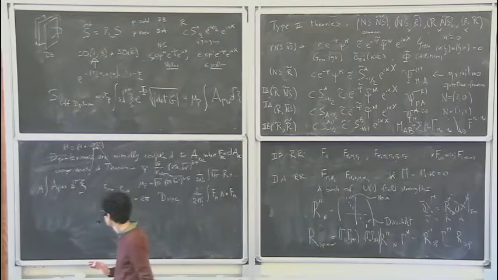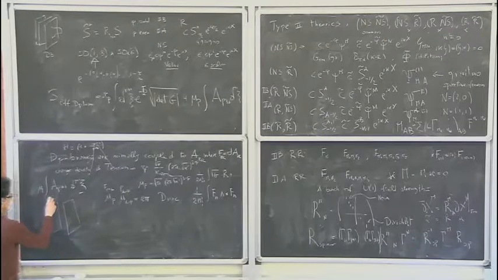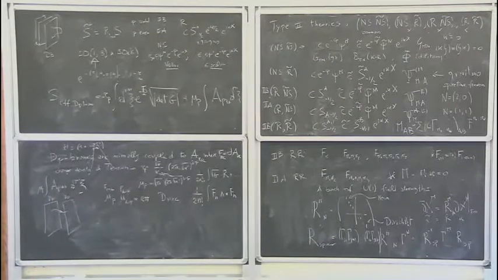So what Polchinski starts thinking about is a situation where you have two Dp branes, then you have an open string stretched between the two Dp branes, right?